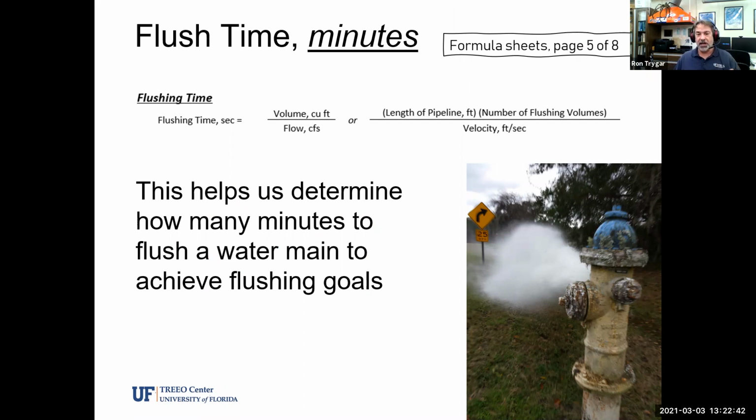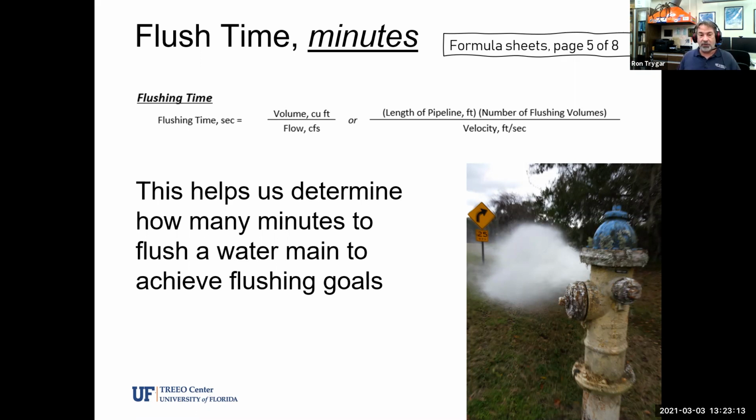We want to turn over the water so that we're displacing or removing the water that's been sitting in the line and bringing fresh water into the line. So we need to remove volumes of water from the pipe and flush that out. So we're going to calculate something known as flushing time in seconds, and then convert that into minutes so that we know how long to leave a hydrant open at a certain flow rate.